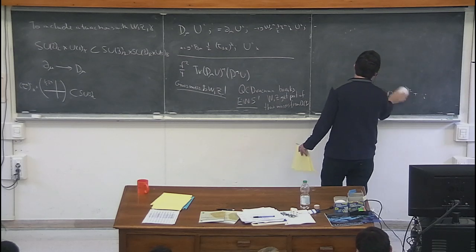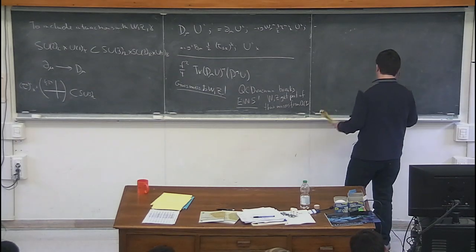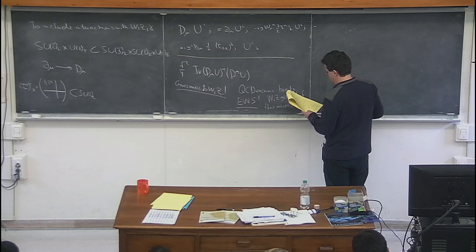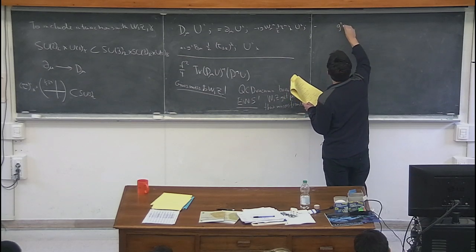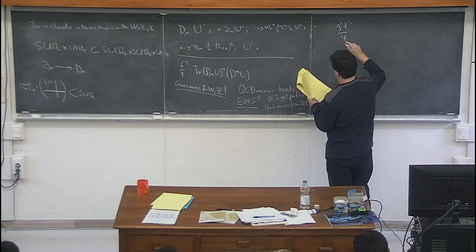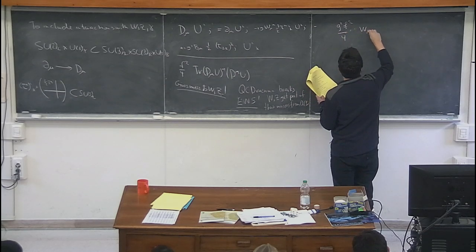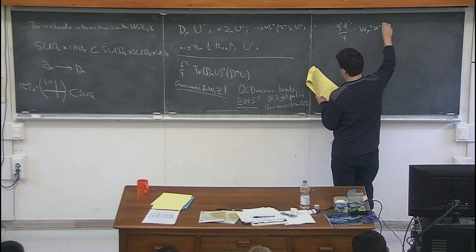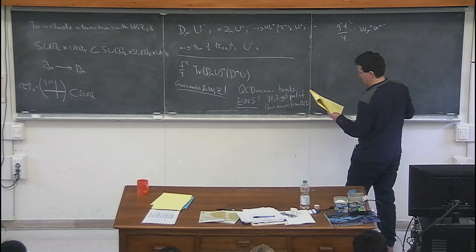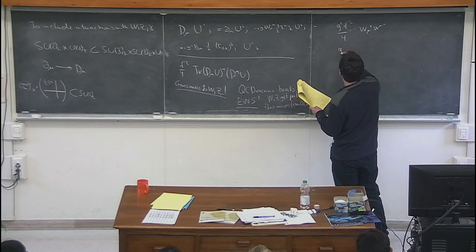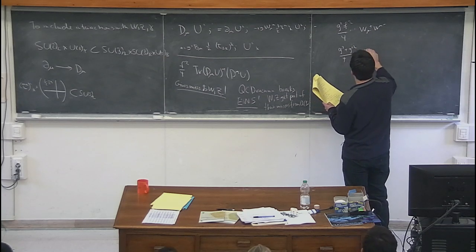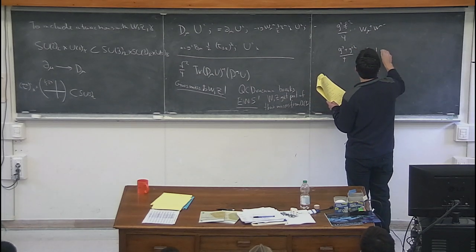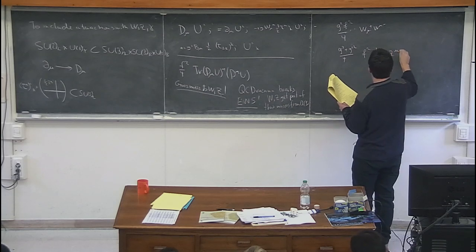You can explicitly calculate that, and what you will find is that the mass of the W will be g squared F squared over 4 W mu plus W mu minus, and the mass of the Z is going to be g squared plus g prime squared over 4 F squared times 1/2 Z mu.